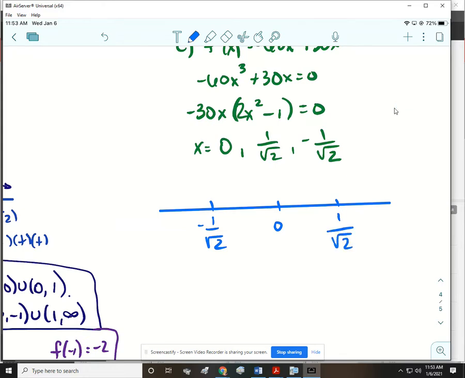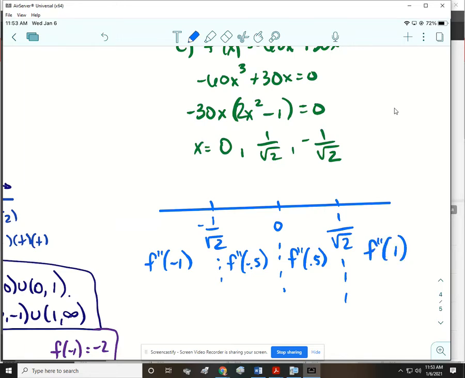So that square root of 1/2 is going to be about 0.7. So when I'm testing numbers, I can test -1, -0.5, 0.5, and 1.